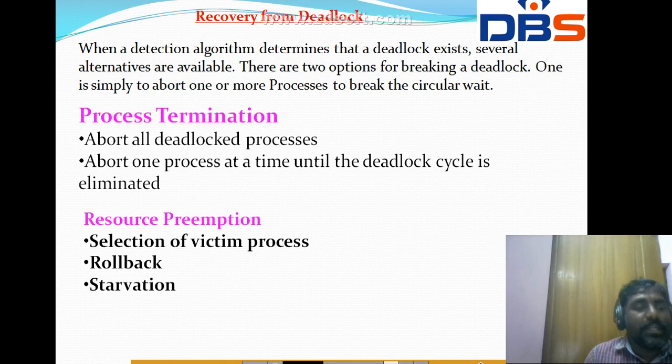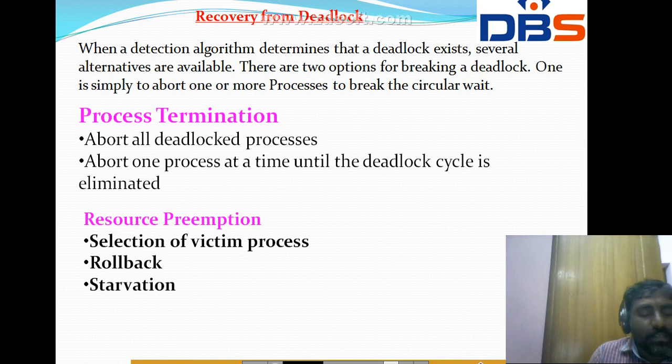Next one is terminating one process at a time until the deadlock cycle is eliminated. In order to overcome the drawback of the above method, this method terminates one process at a time until the deadlock is resolved.